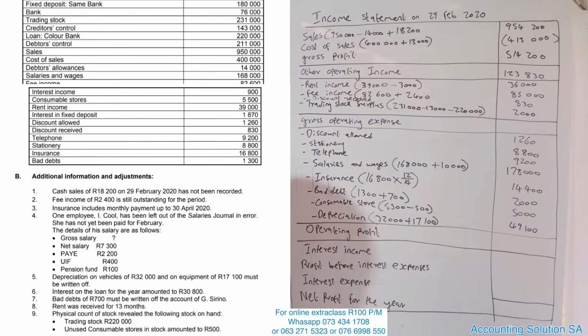Okay, then the next one, transaction 1, 2, 3, 4 we did, 5 we did, 6 no, 7 yes, 8 yes, 9 yes. Okay, we are left with number 6.